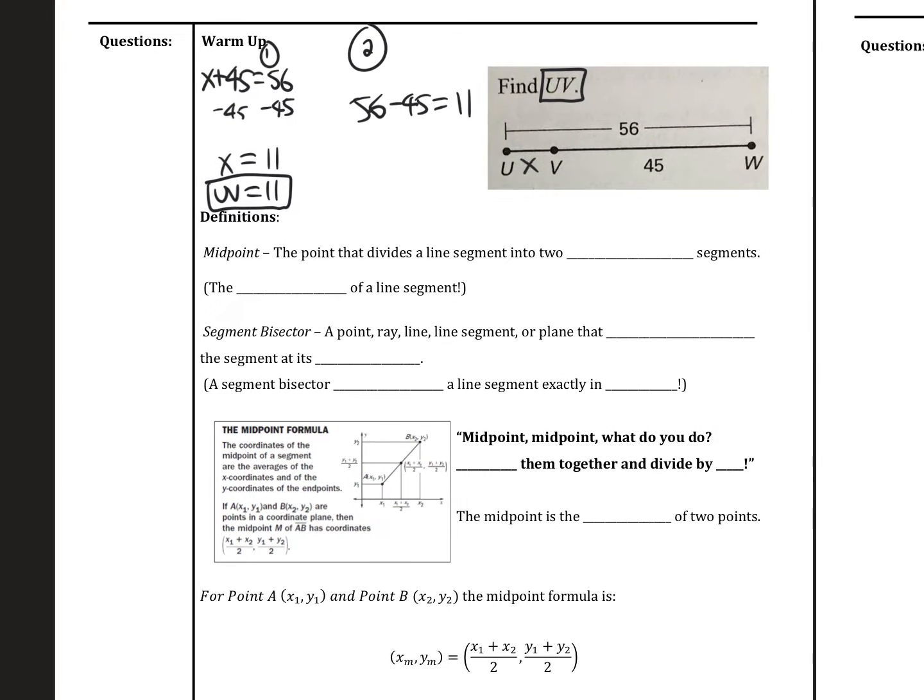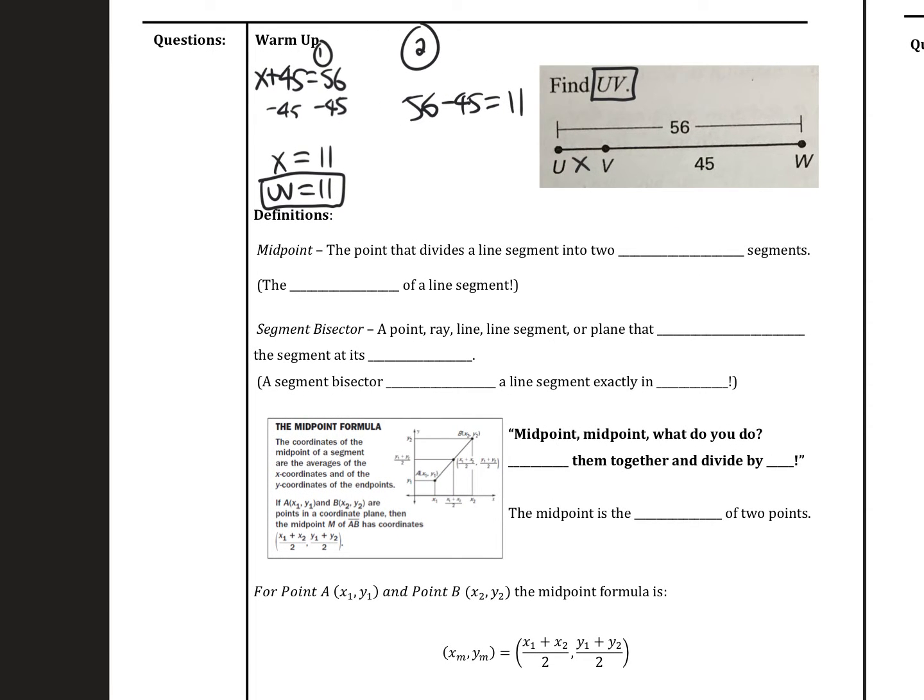Okay, so we have some definitions to fill in here. The midpoint is the point that divides a line segment into two congruent segments. What kind of segments? Congruent segments. The midpoint, an easier definition, is that it's the middle of a line segment. Segment bisector is any kind of shape, a point, ray, line, segment, or plane that intersects the segment at its midpoint.